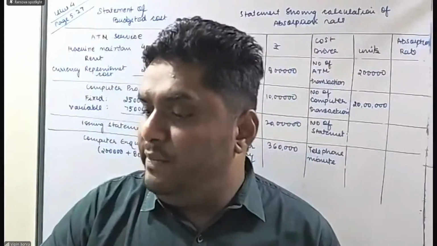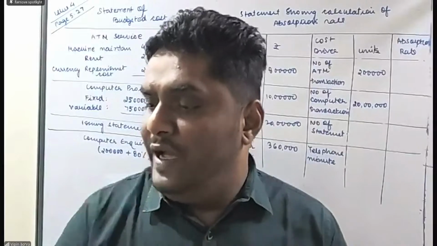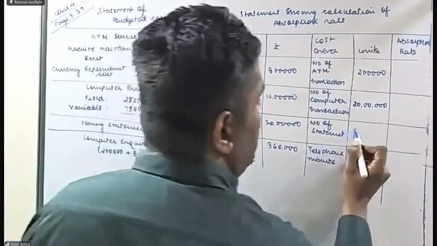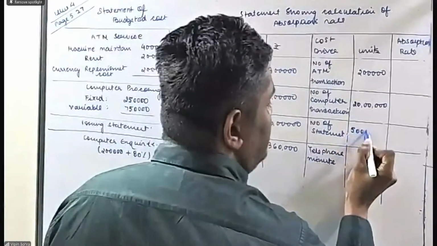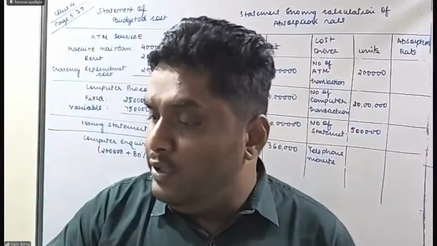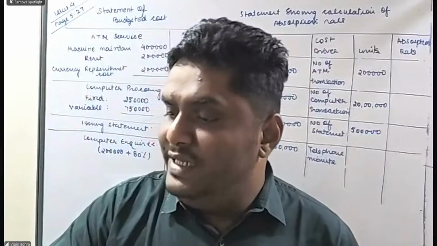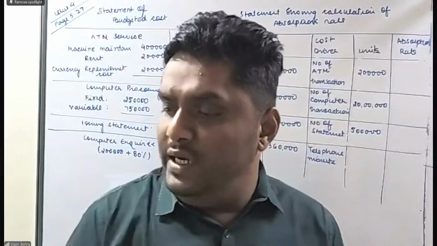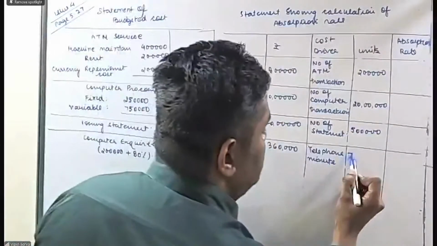Further, the number of statement to be issued is 5 lakh. I'm writing the total straight away, 5 lakhs. Further, when talking about the telephone minutes, it is 360 plus 180 plus 180. This will be 7,20,000.